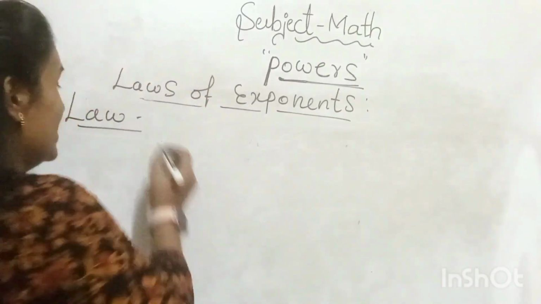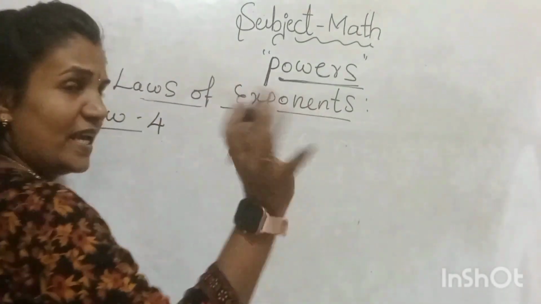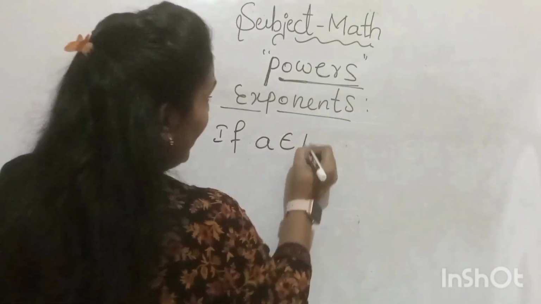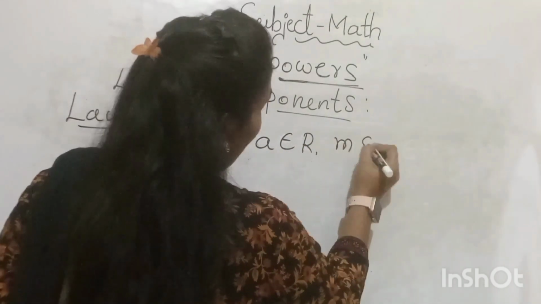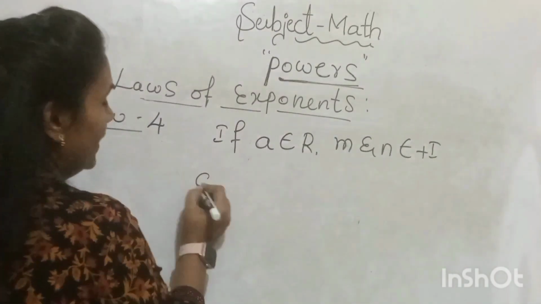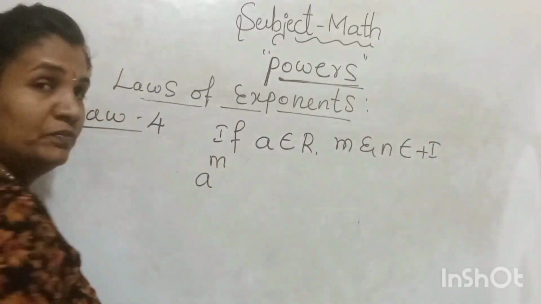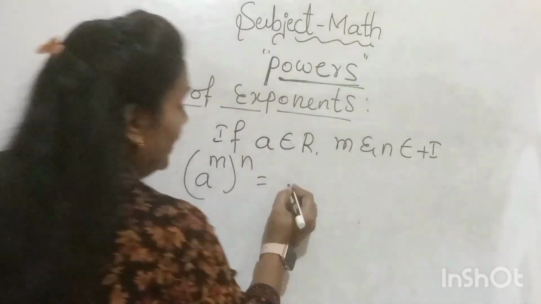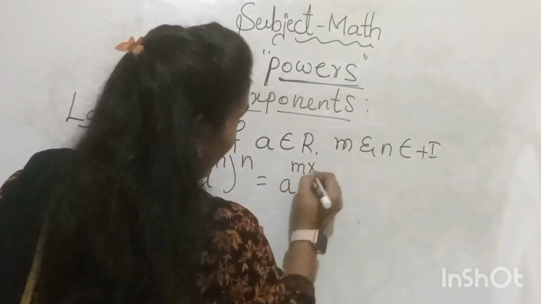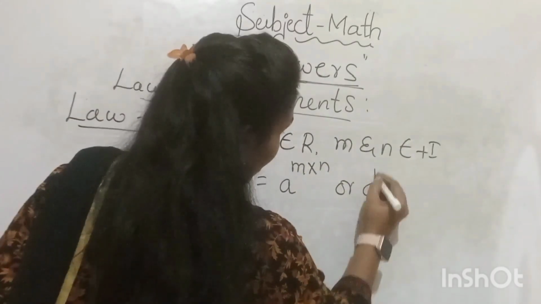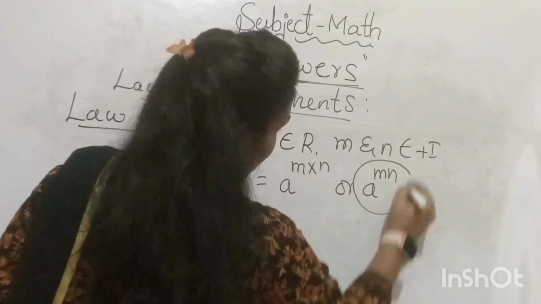The fourth law of exponent, law 4, what does it say? If a is any rational number, and m and n are any positive integers, then a to the power m whole to the power n is equal to a to the power m into n, or we can write it as a to the power mn.